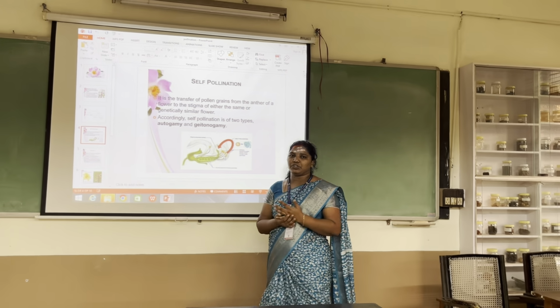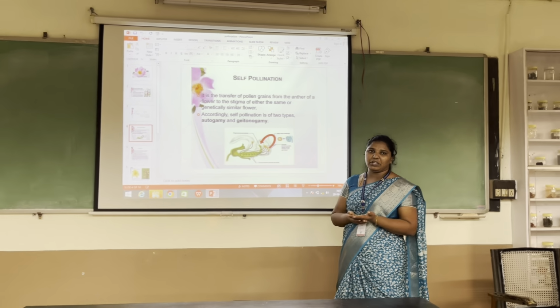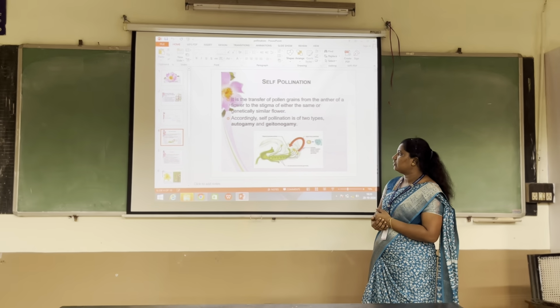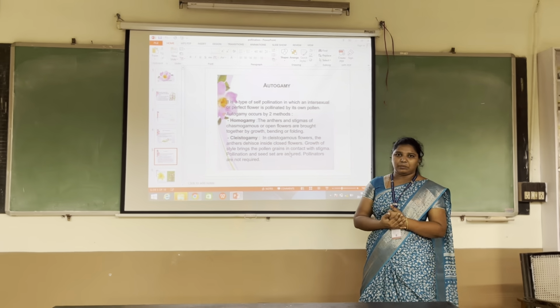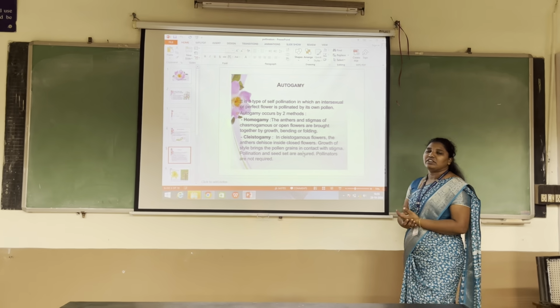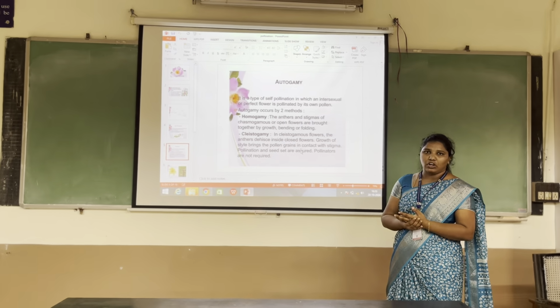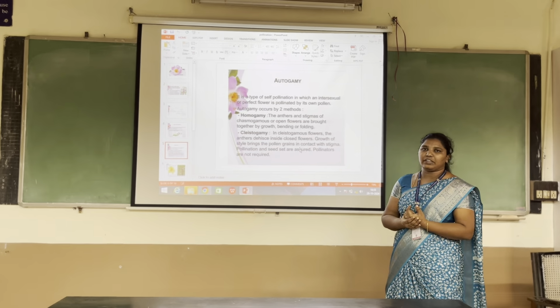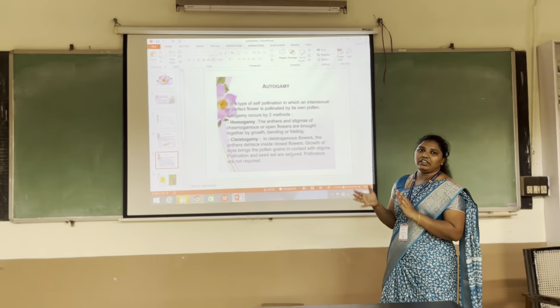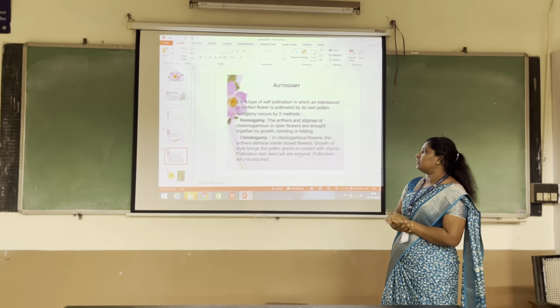Accordingly, self-pollination is of two types, autogamy and geitonogamy, as we have shown in the picture. What is autogamy? It is a type of self-pollination in which a bisexual or perfect flower is pollinated by its own pollen, meaning the pollen is from the same flower.